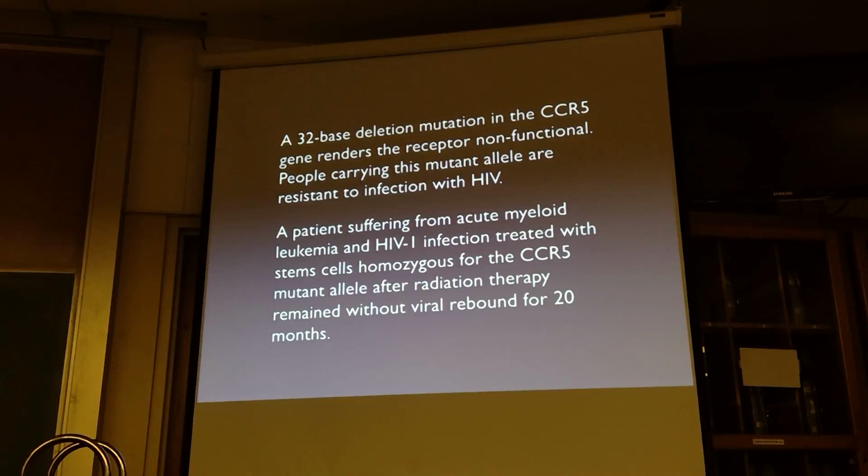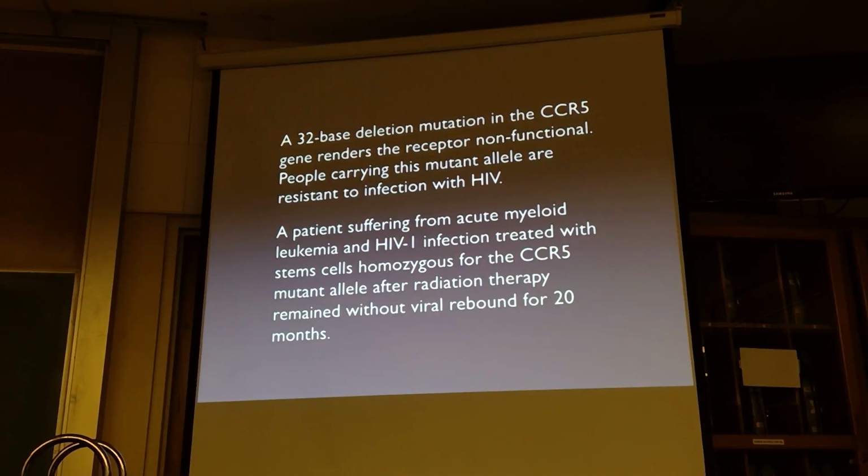This was recognized, and then there was a patient that had acute myeloid leukemia. The patient also had infection with HIV-1. They were treated with stem cells, and those cells were homozygous for the CCR5 mutant. So they could not produce a functional CCR5 receptor.